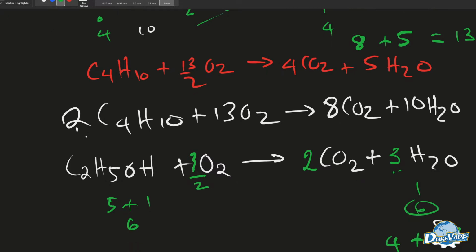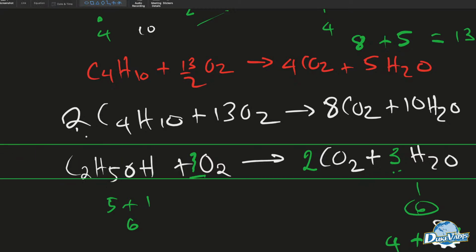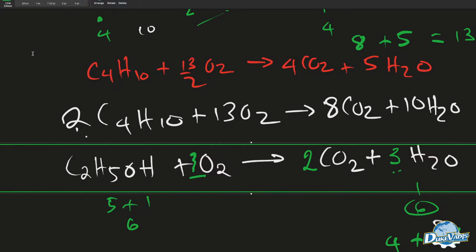Most often than not, students will do trial and error to balance the equation. Now let's look at it very carefully. This reaction, as you can see, we have it the way it's supposed to be.